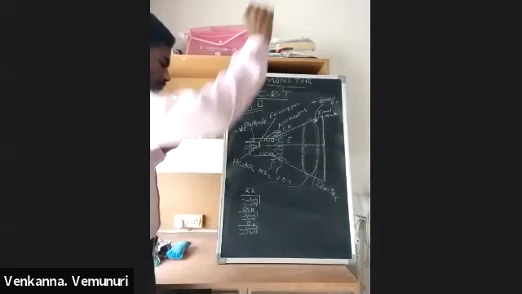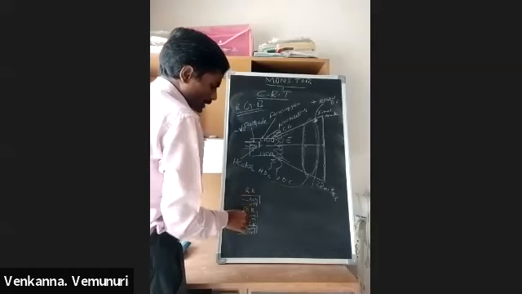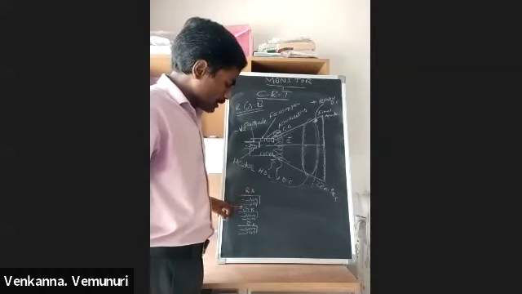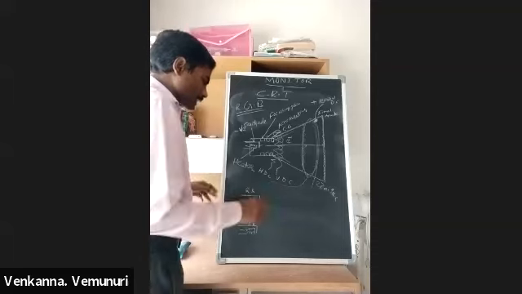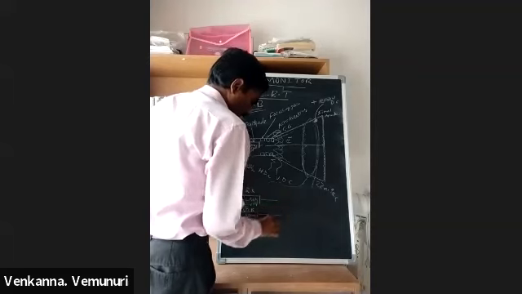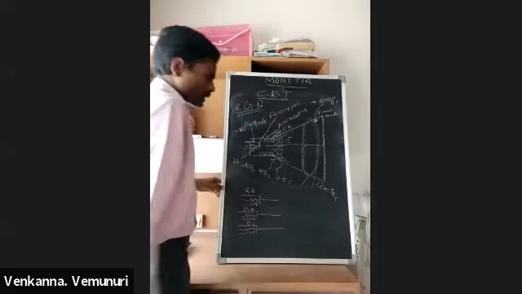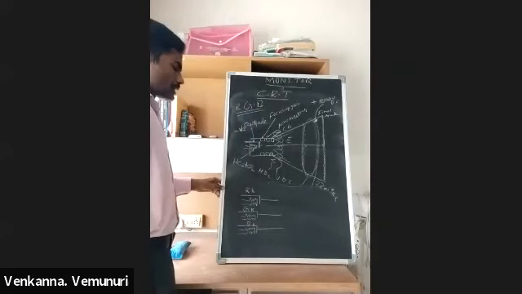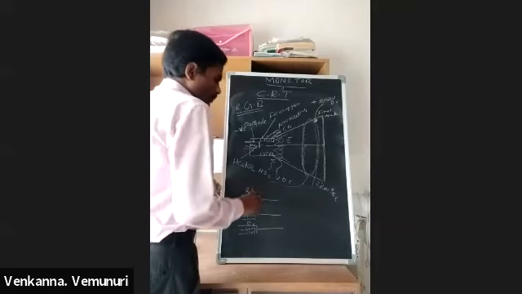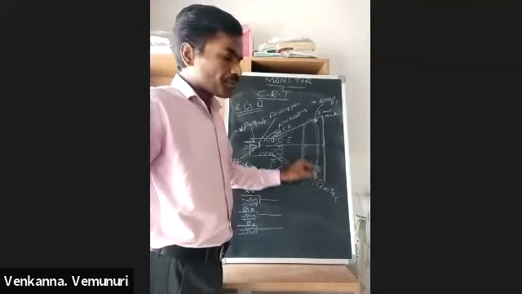So here the color picture tube has 3 guns. One is the red cathode, another is the green cathode, and another is the blue cathode. Each cathode emits electrons. If the red cathode is emitting electrons, those electrons must drop only on each pixel's red color dot.